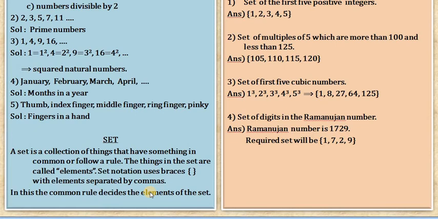They may have a specific rule. So the values or things that are existing in a set we represent with flower brackets or braces. And while writing in that form, we separate the elements with commas.